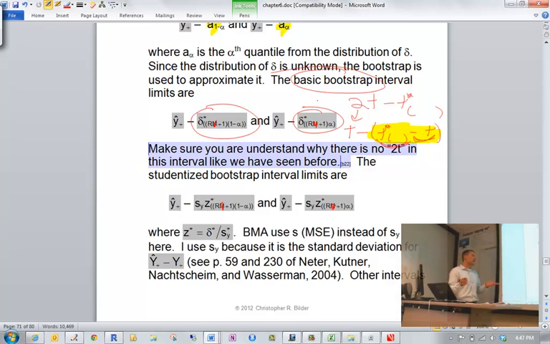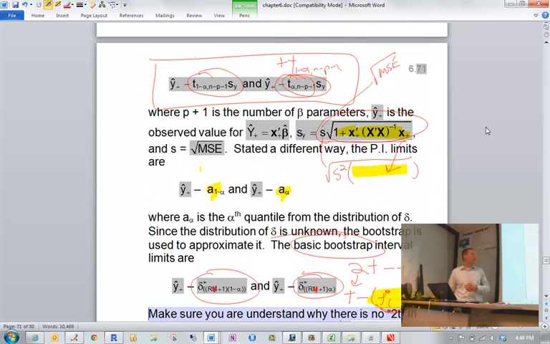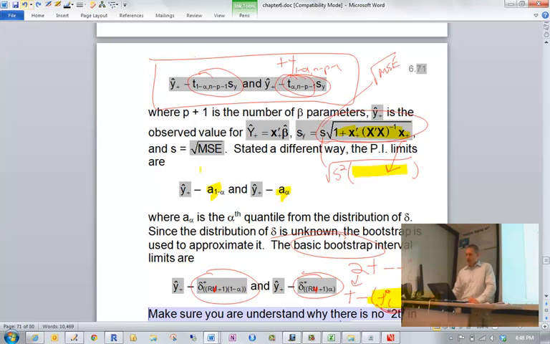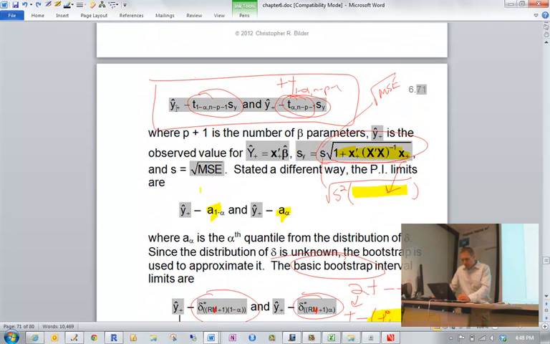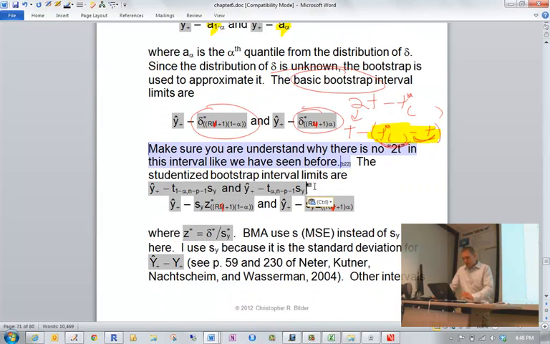What about a studentized interval? Well, let's again go back to how we would normally calculate our interval. So on top here is our normal interval, and below here is now our studentized interval.